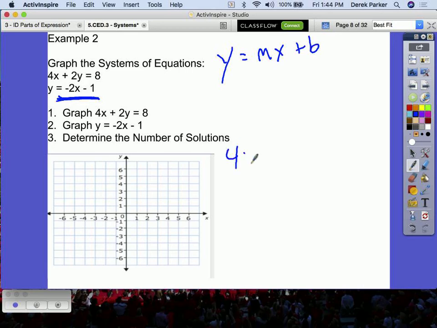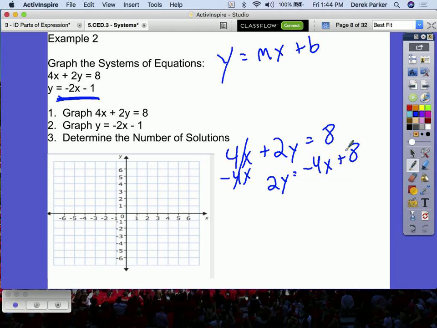So 4x plus 2y equals 8. The first thing I'm going to do here is move the 4x to the other side using subtraction. And I'm going to rewrite 2y equals negative 4x plus 8. Now you don't have to put the negative 4x first. I just like to because that lines up with y equals mx plus b.